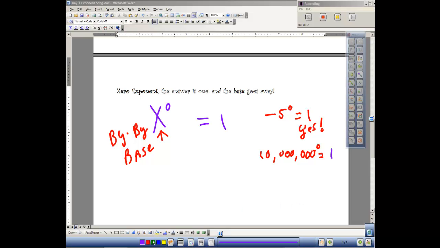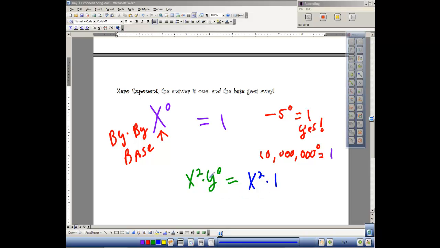If I have x squared and y to the 0 power, watch this. I have x squared times y to the 0 power, and that's going to equal x squared times 1.